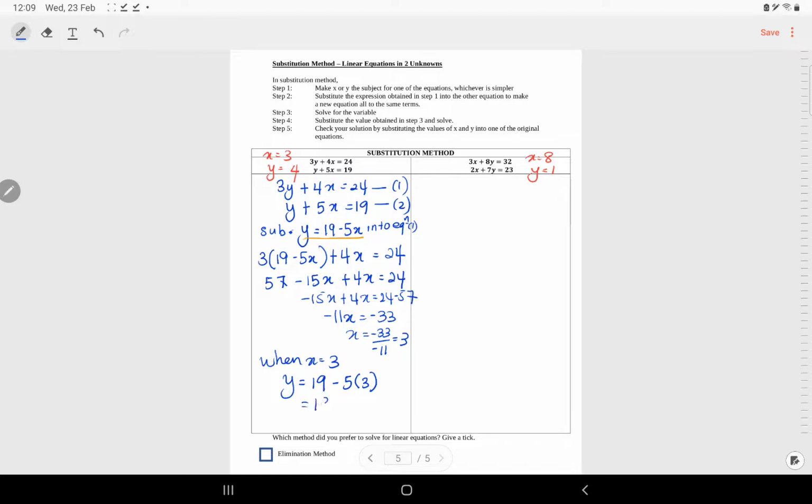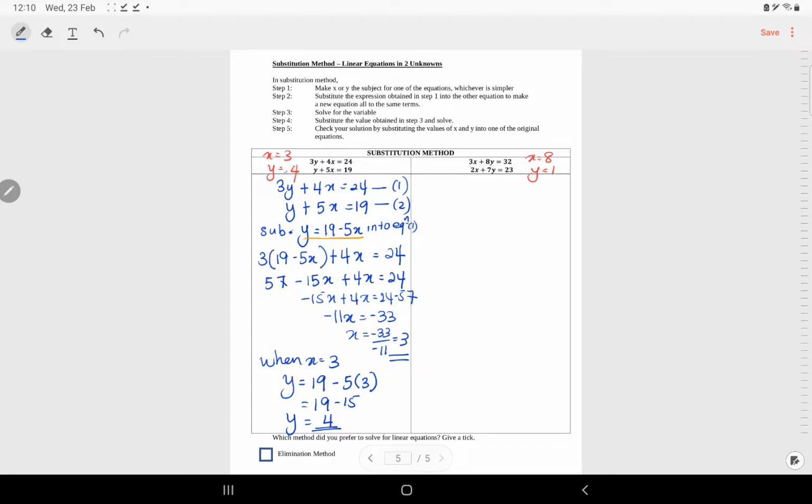So 19 minus 15, y equals 4. Yep, so there you go. We had x equals 3 and y equals 4. We saw this just now in the elimination method, and now using the substitution method we also get the same answer.